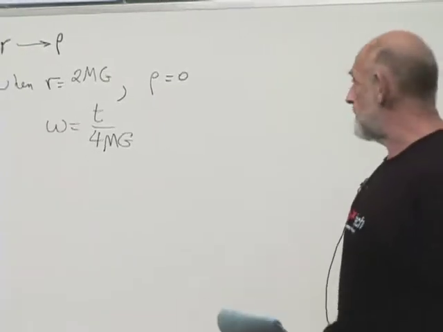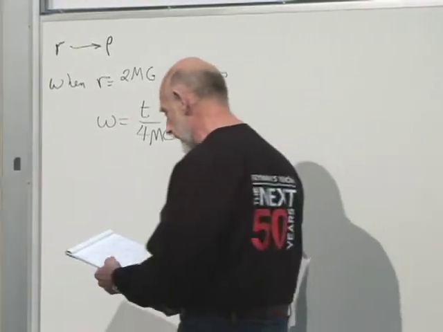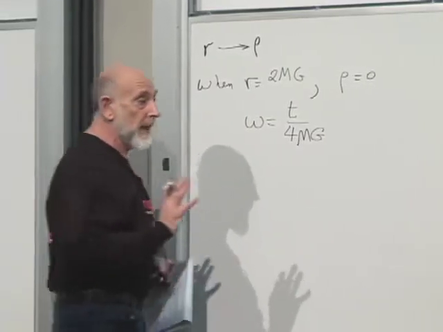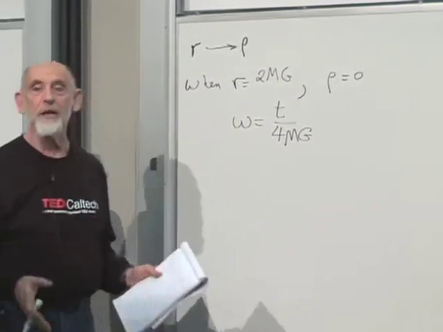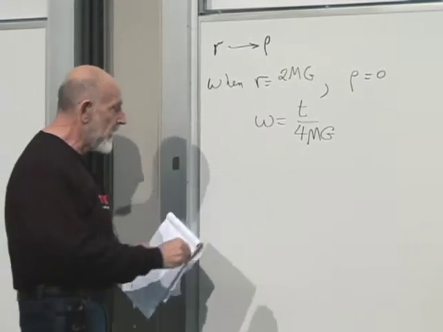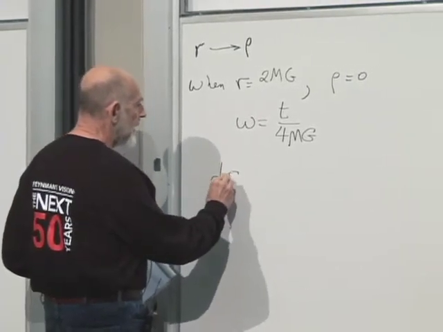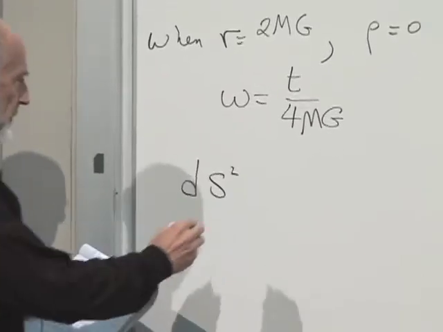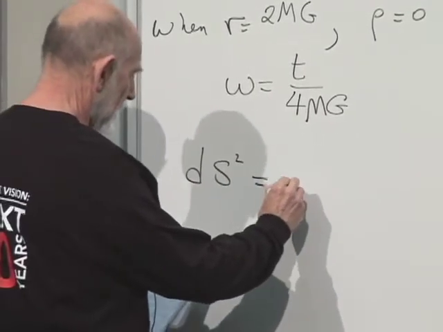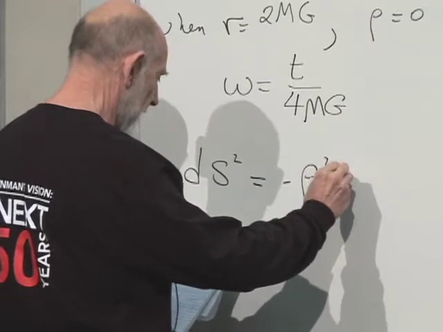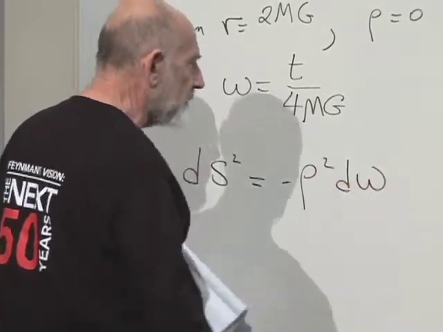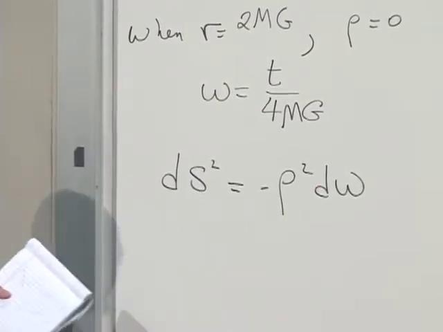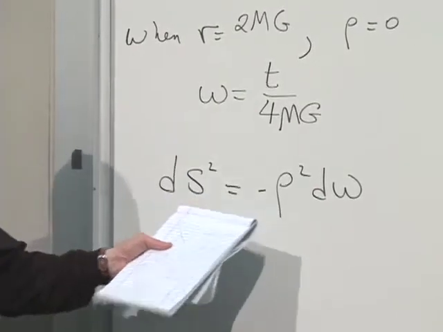It was a number of steps, more steps than I really like to do, but nevertheless, we did it. And we found out that near the horizon of the black hole, we call it the near horizon geometry, that the proper distance squared was equal to minus rho squared d omega squared. I can write this in terms of proper time. The difference between proper distance squared and proper time squared is just you change the sign.